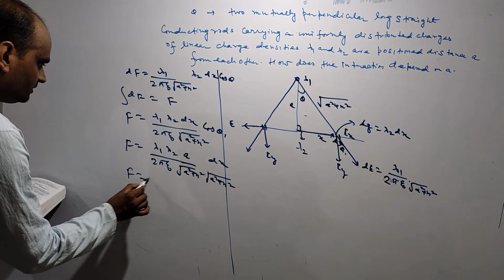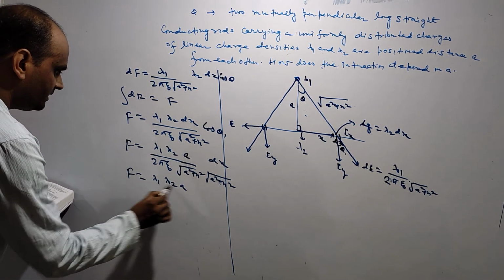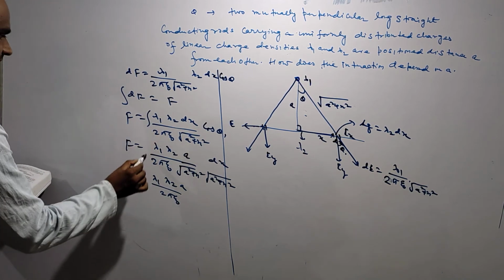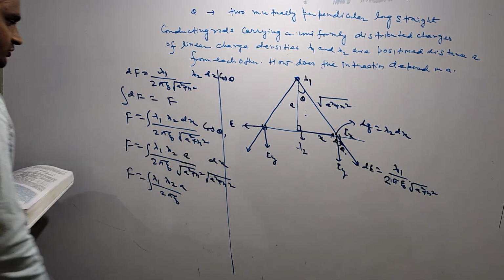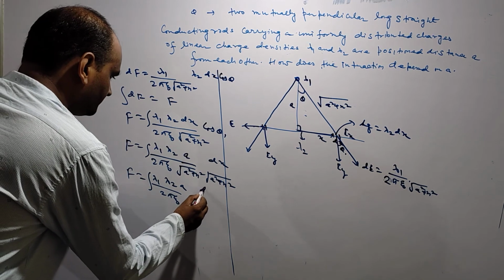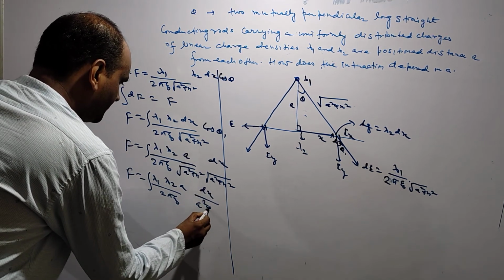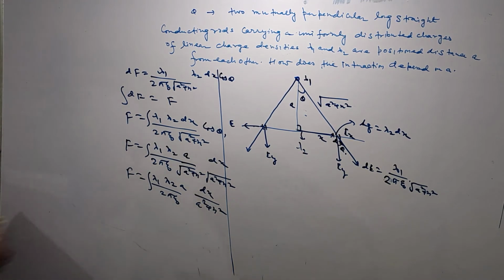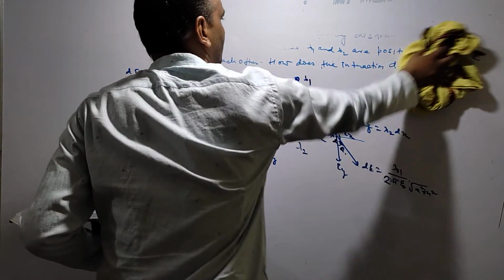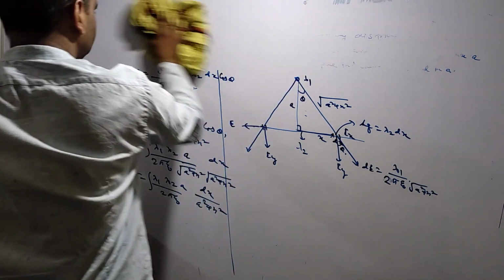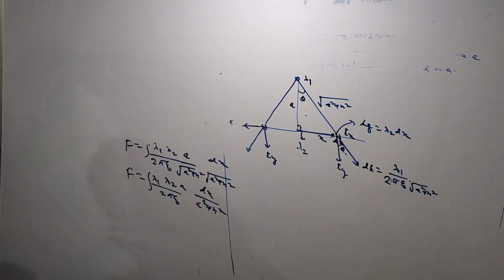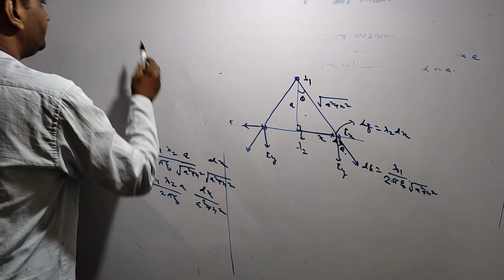So we have force is lambda 1 lambda 2 a over 2 pi epsilon naught. So we will perform integration over this expression. We have dx over a square plus x square, and since the wire is very long, integration will be performed over the whole length.